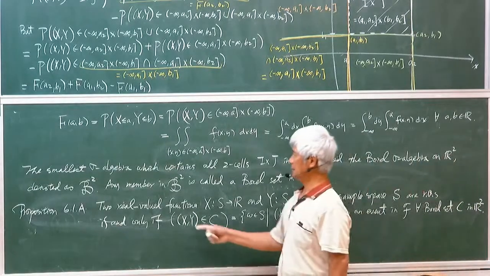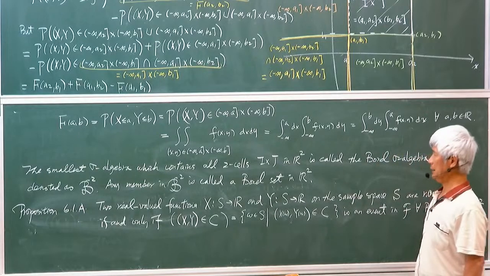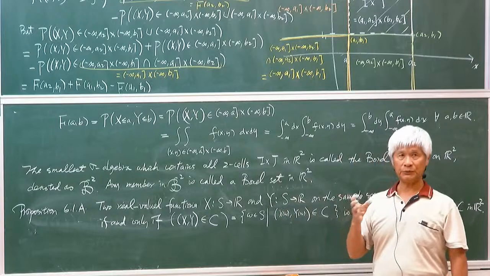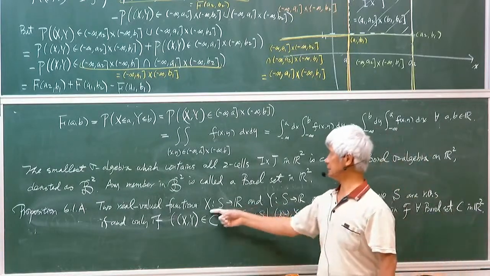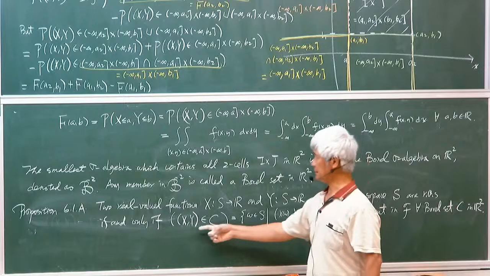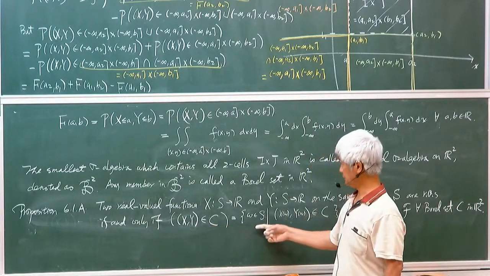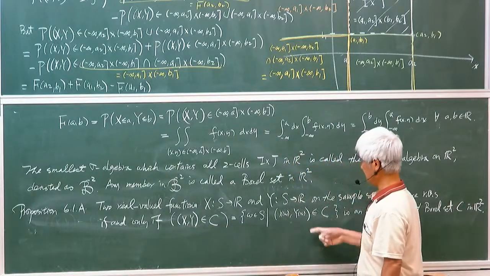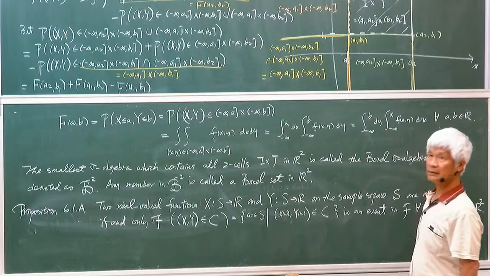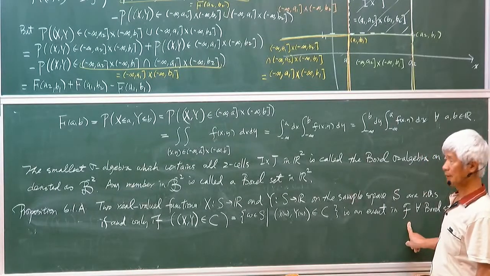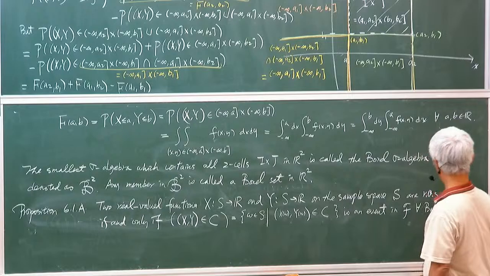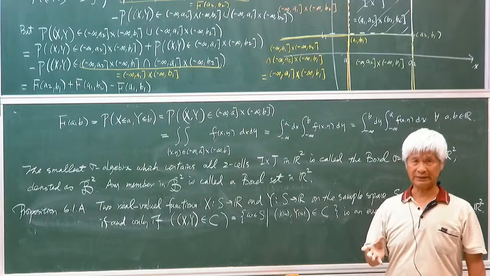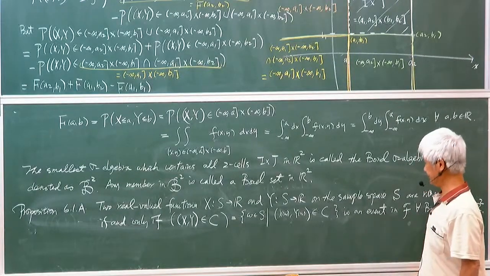So if we want to justify two real valued functions to be random variables, we can look at the subset of the sample space such that it defines an event in the sigma algebra F for any Borel set in R2. Sometimes we call it a two-dimensional Borel set.